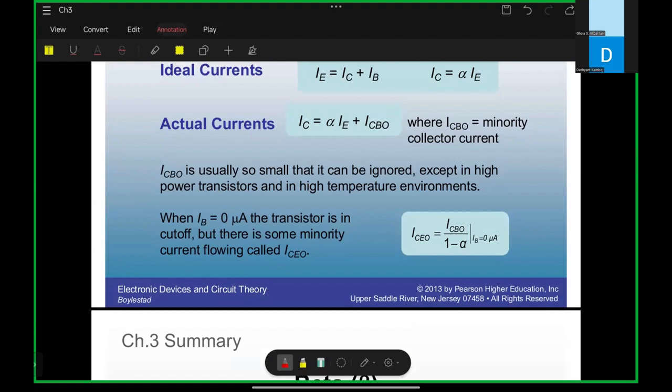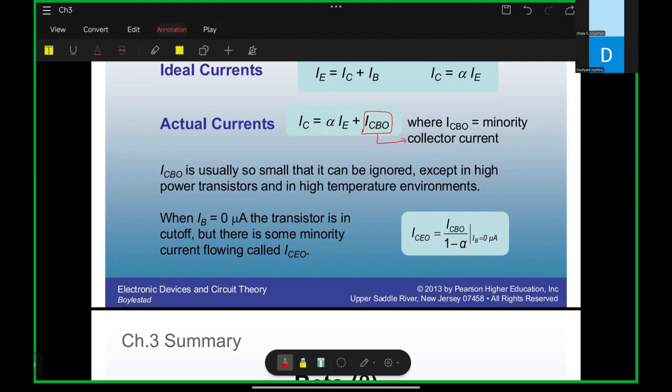I already told you that inside the semiconductor there are two things: majority carrier and minority carrier. Inside the transistor there is another current called the minority carrier current, which we can generally neglect. That current is ICBO. It is very small and we can neglect it.